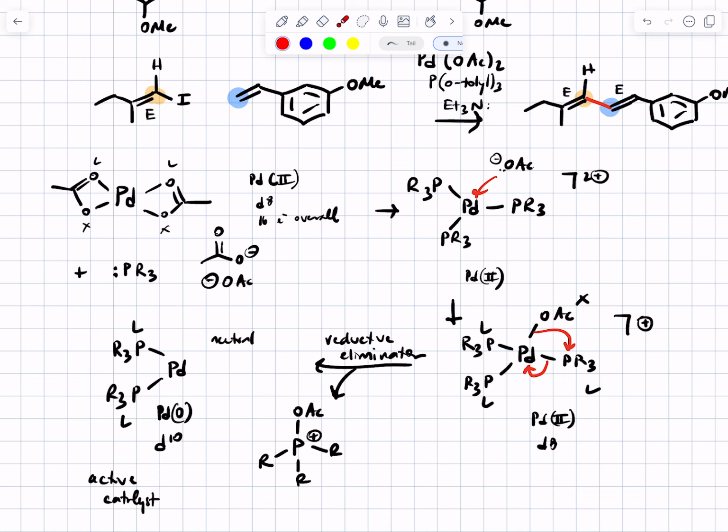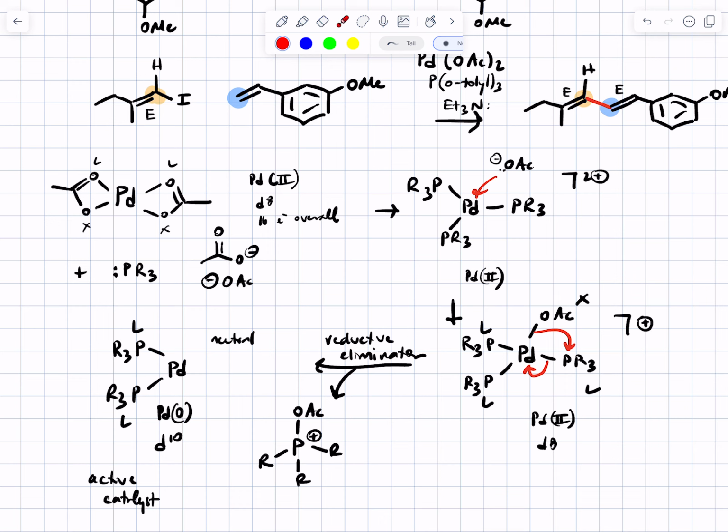Okay, well, there's one more reaction we need to introduce in this chapter, and it involves a different metal besides palladium. The mechanism is complicated, but it doesn't involve any change in oxidation state.